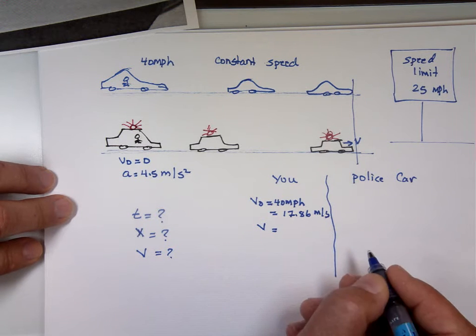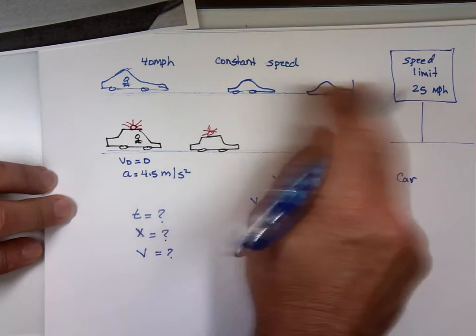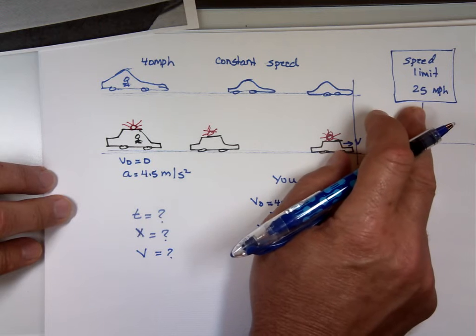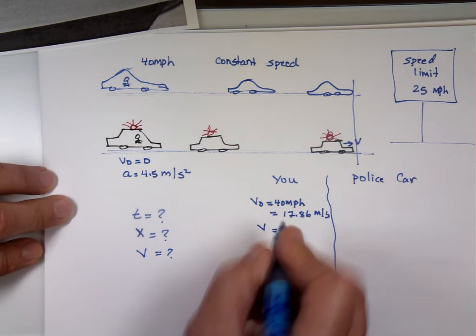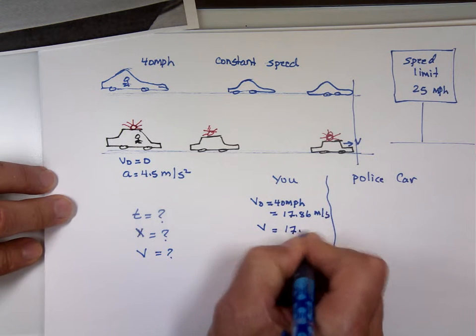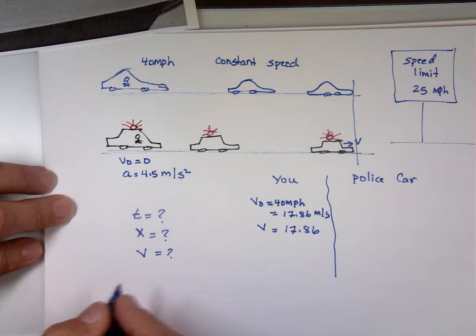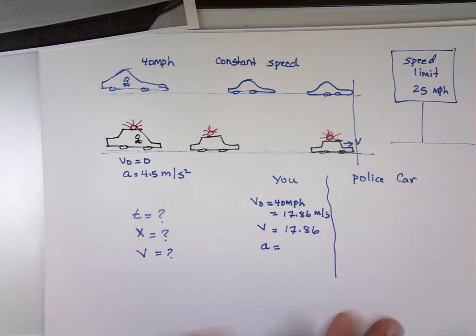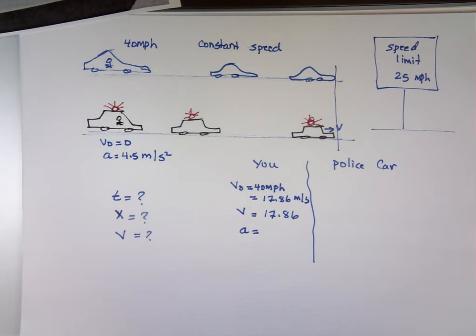Same thing. That's you. It says constant speed. You never slowed down, never touched the brake. You had the cruise control set up. What's your acceleration, for you? The same number?